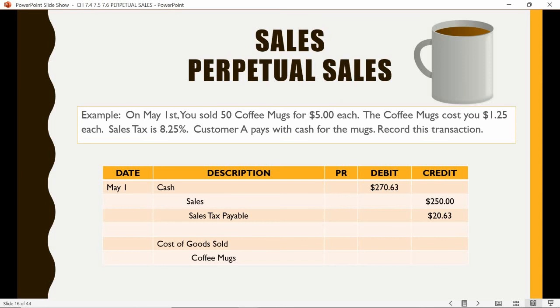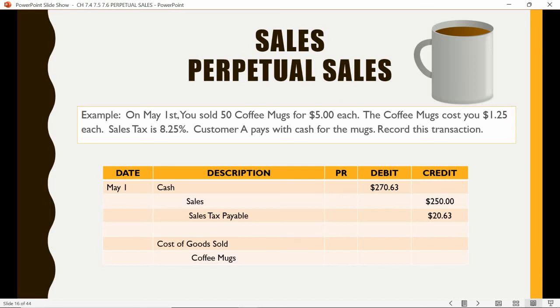Now, because we sold something, we now need to record the second part of the journal, which is going to be the cost of goods sold. In this case, this product cost us $1.25. If it cost $1.25, and we sold 50 of those items, well, let's calculate it. What does 50 at $1.25 come to?